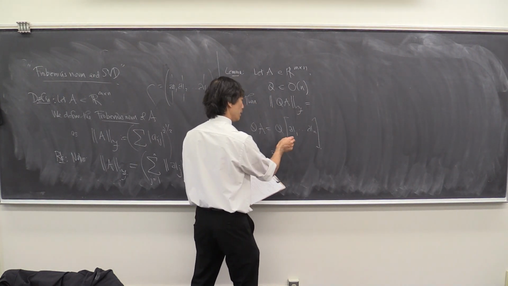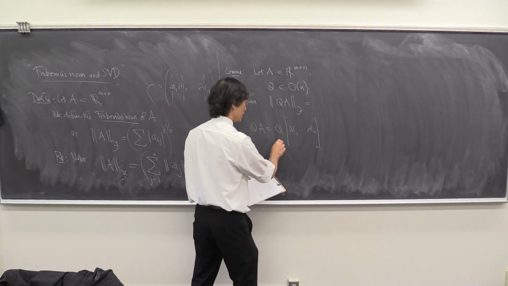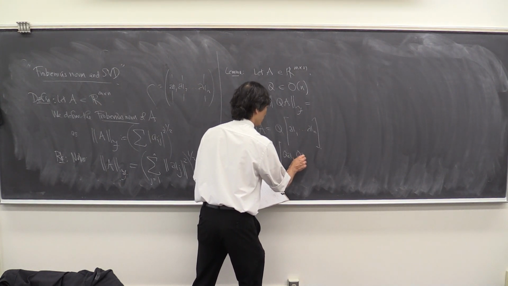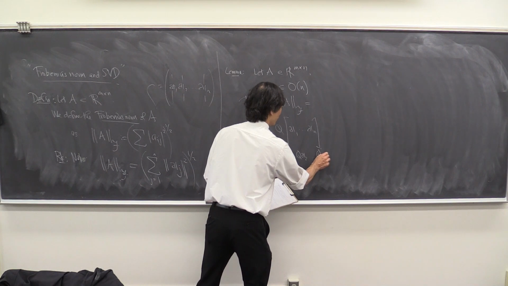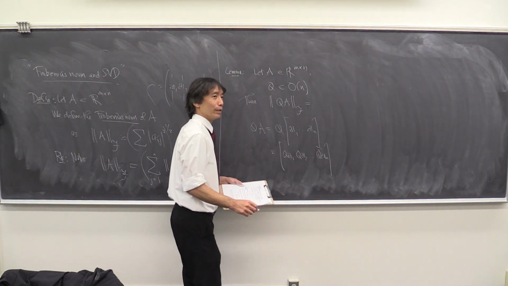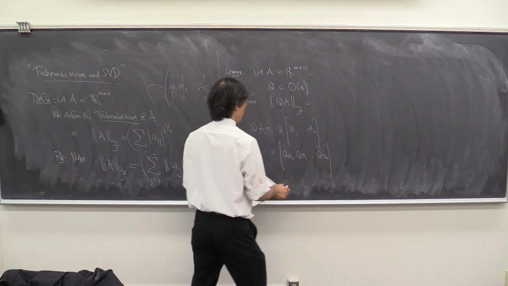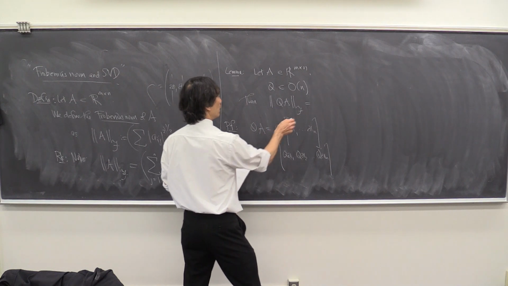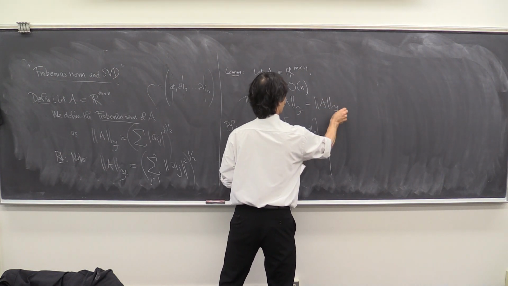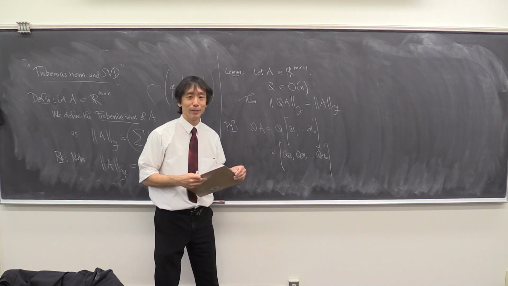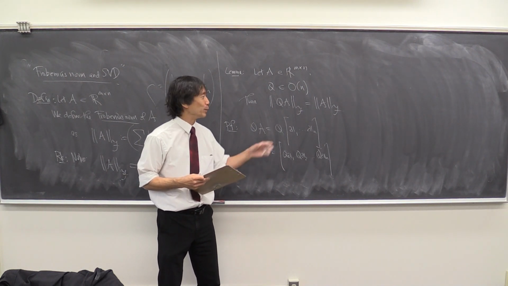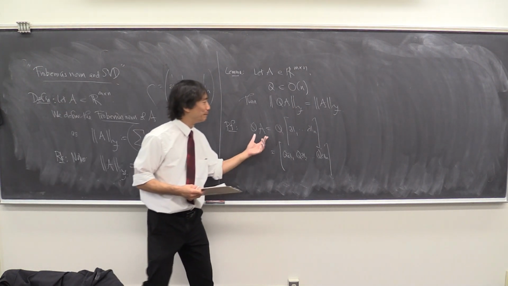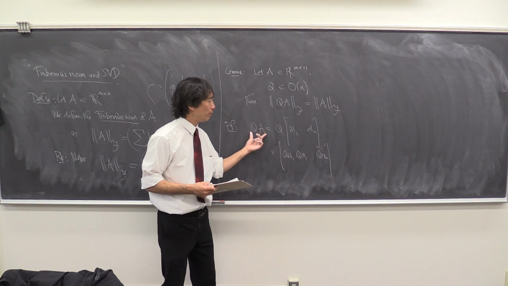When you left multiply by the matrix, it occurs column-wise, so this would be QA1, QA2, up to QAN.